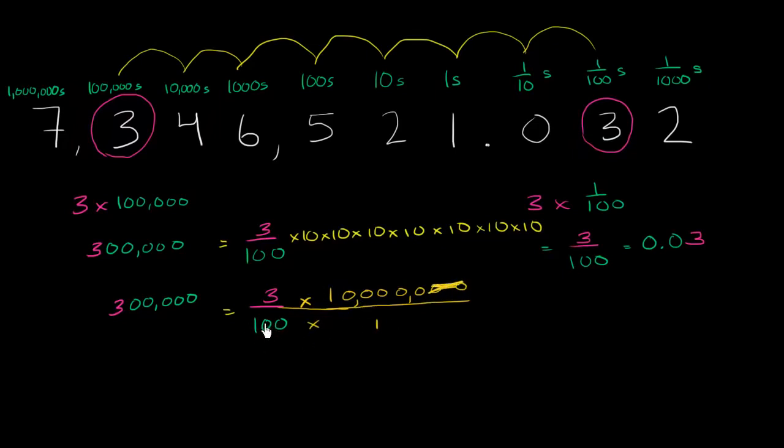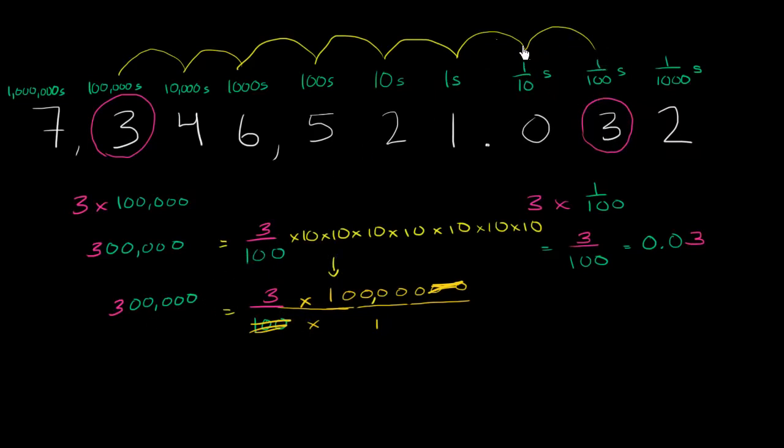Divide the denominator by 100, you're going to get rid of this 100 here. And so you're going to be left with 3 times, and we've got to be careful with the commas here, because since I removed 2 zeros, the commas are going to be different. We put our commas in the right place, just like that. So this simplified to 3 times 100,000, which is indeed 300,000. So it did work out.